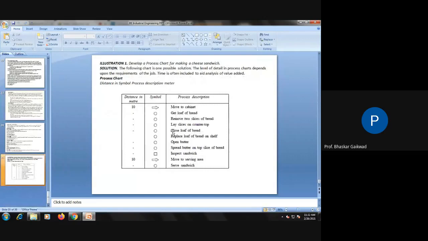This is an example of an operation procedure. You can read this example.